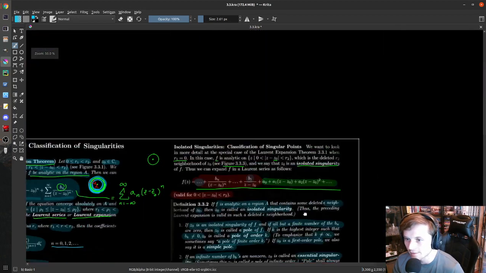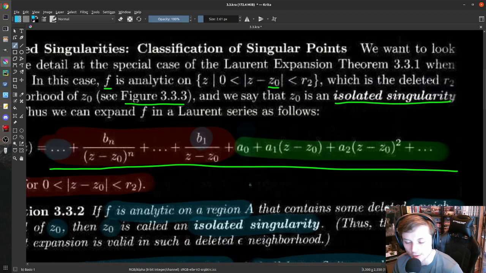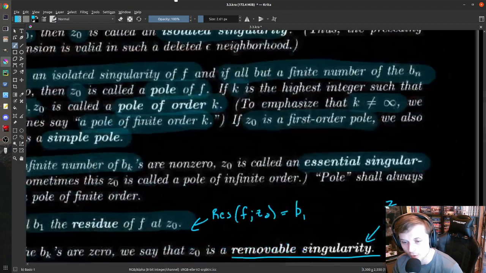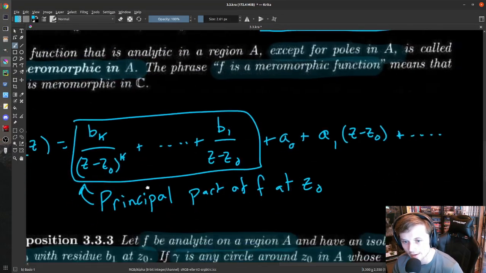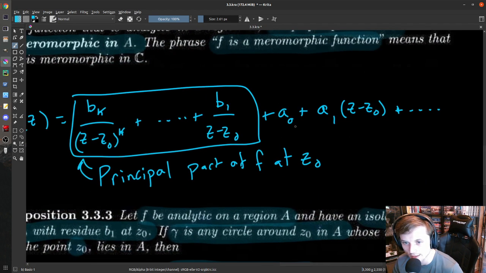We'll talk a little bit about what I was saying before this last bunch of definitions, which is that if you have removable singularities or poles of order k, and you have a pole of order k like right here, you can multiply f by z minus c naught to the k, and you just get b k, and all the rest of it turns into a nice Taylor series. Or it looks like a Taylor series at least, just a power series.